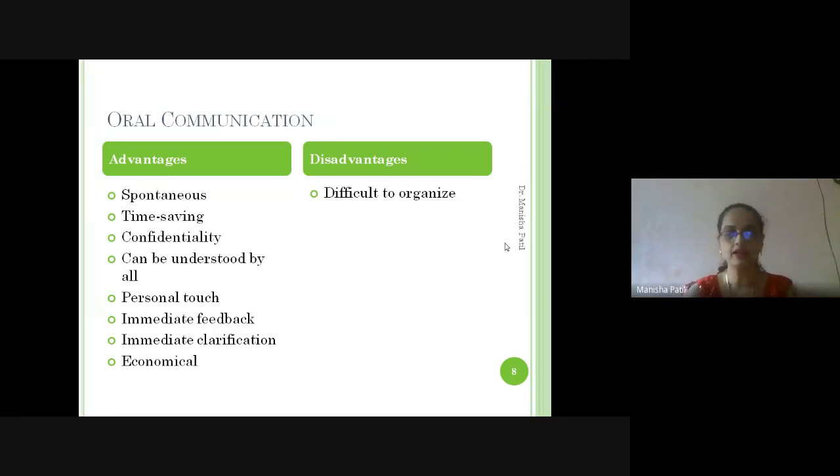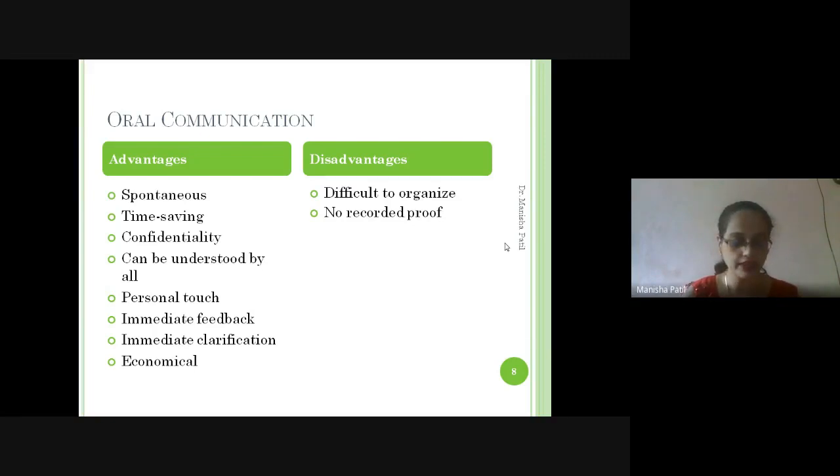They have the idea, but they don't have the proper words. So there are fillers. You're organizing your sentences in your mind and you're thinking, and to fill that particular gap between your thinking and speaking, you use the fillers. So oral communication is difficult to organize.